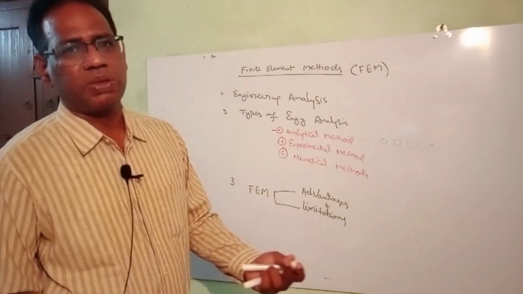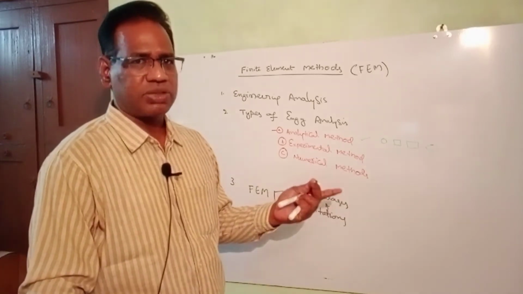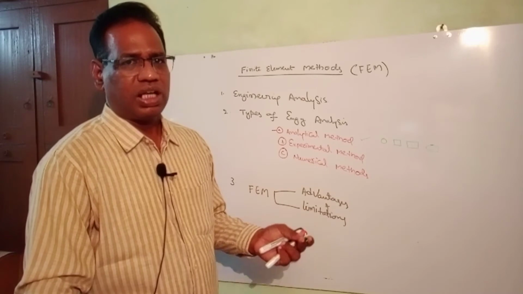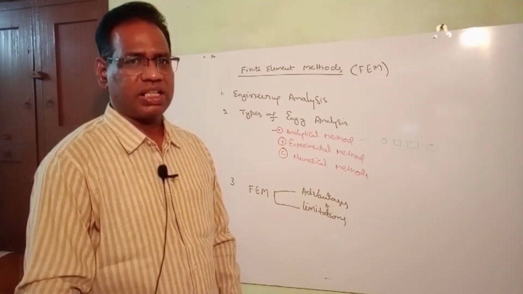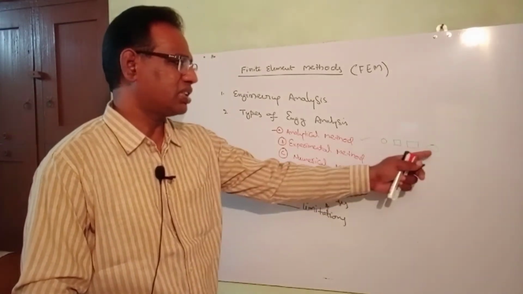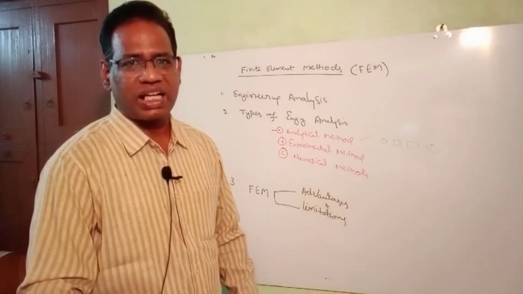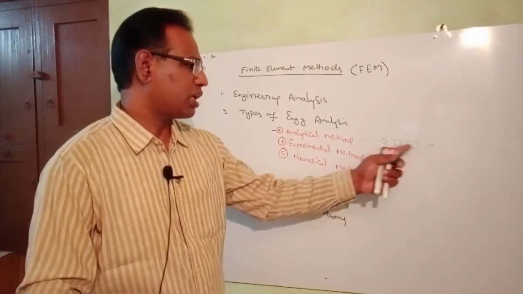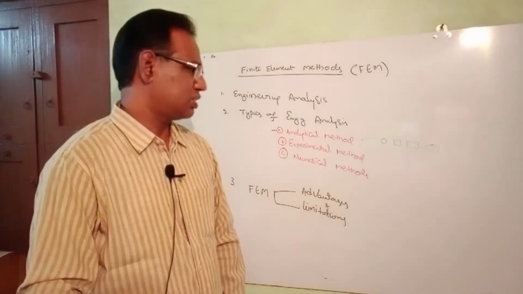With the available equations we can calculate what is the stress, what is the deformation, what is the deflection, and a number of parameters. The resulting parameters we can estimate because it is having regular geometries. For all the regular geometries, standard mathematical equations are available. With the aid of that, we can calculate the stress, strain, deformation, and all other predictions.